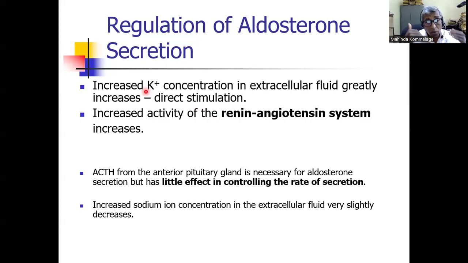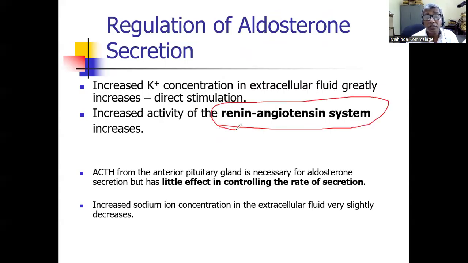So when we have high potassium, we need to remove that, and for that aldosterone secretion will increase from the adrenal cortex. That is one thing. Then additionally, we have the renin-angiotensin system. That is an interesting, important system, and it will also activate aldosterone secretion.